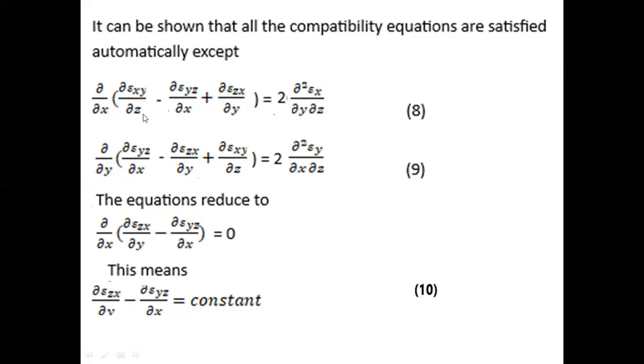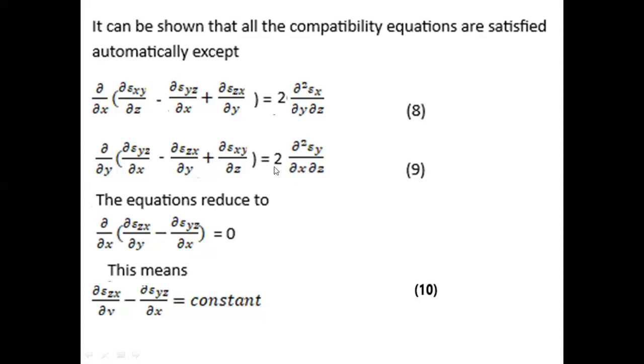So this term goes. On the right hand side, we have epsilon x, and that is also 0. So we are left with only two terms, del epsilon xz by del y minus del epsilon yz by del x, with del by del x in front of it, and the whole thing is 0. The same thing you will get if you look at equation 9.